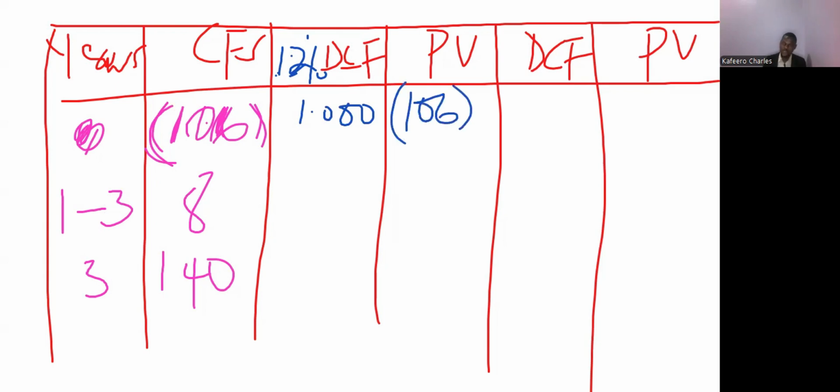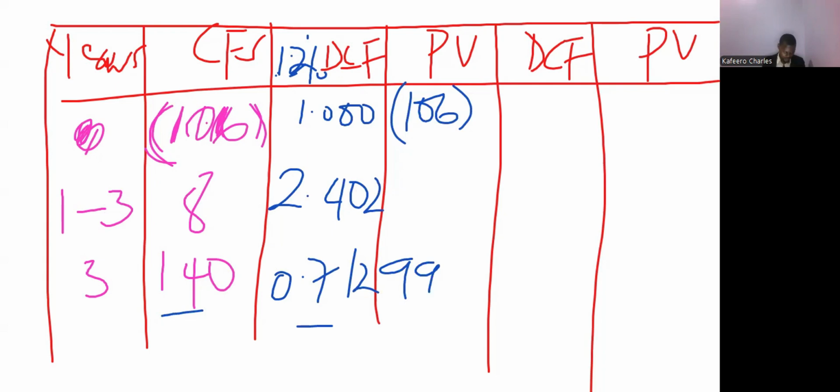Then we get the annuity factor. Annuity factor at 12% in the 3rd year is 2.402. Then the present value factor at 12% in the 3rd year is 0.71. Then we compute this times this, which is going to give you 99.68.